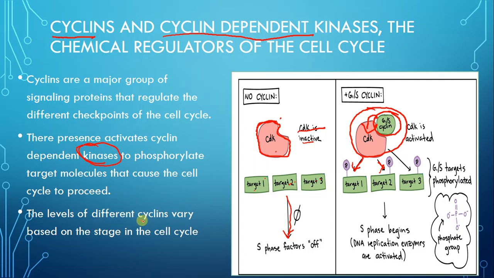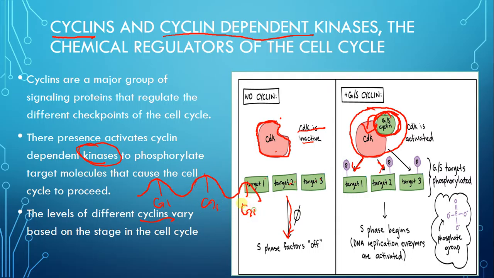They're called cyclins because their various levels inside the cell tend to move cyclically in response to the cell cycle. They vary based on the stage of the cell cycle. So this G1 cyclin is at its highest towards the end of the G1 phase, and then it decreases, and then it increases as the G1 phase approaches again.